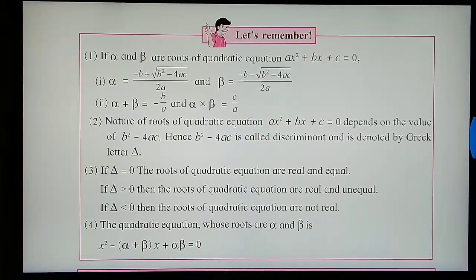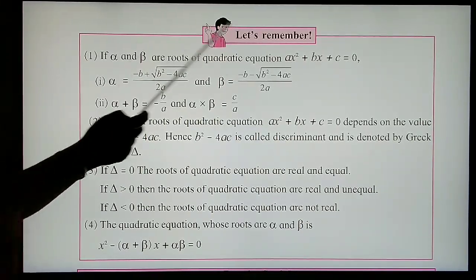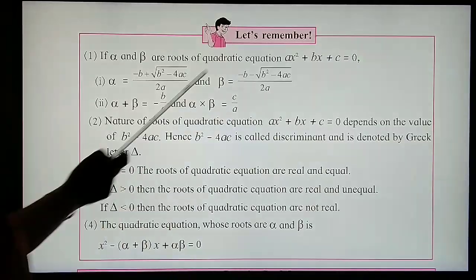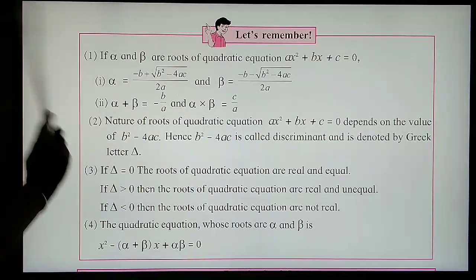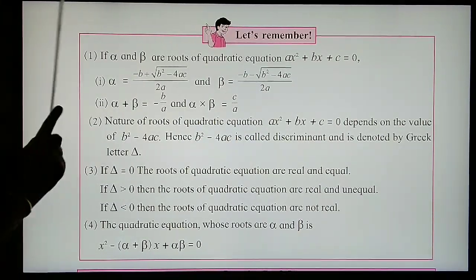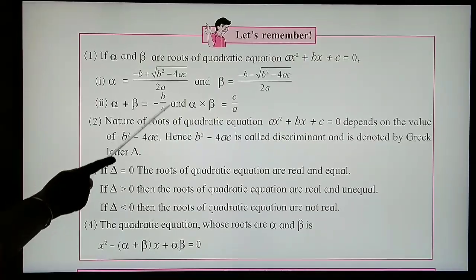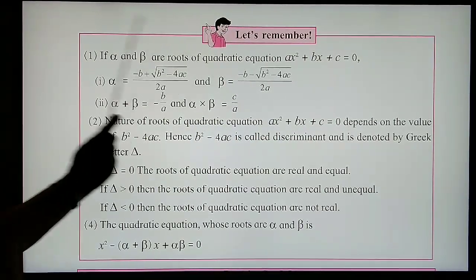Now this is the summary of this part. If alpha and beta are roots of the quadratic equation ax square plus bx plus c equal to 0, this is the value of alpha and this is the value of beta. One change here only: here the plus sign and here the minus sign. The value of alpha plus beta is minus b upon a, and the value of alpha into beta is equal to c upon a.